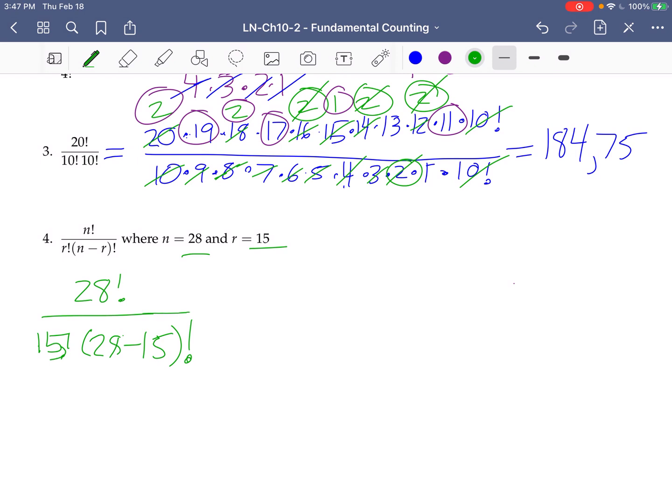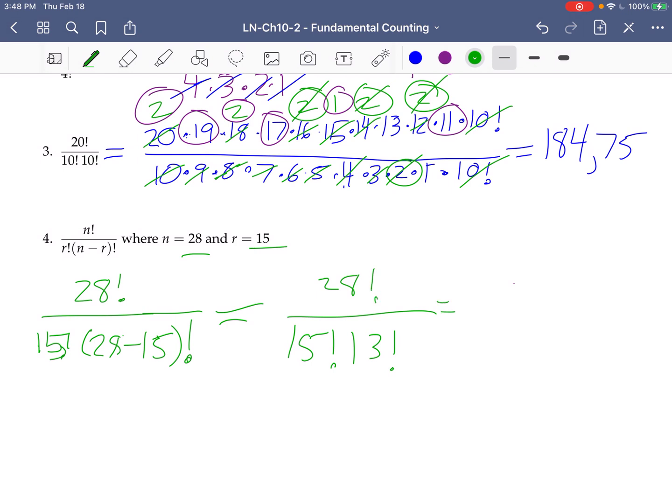Now, a factorial cannot be distributed, so we can't call that on bottom a 28 factorial minus a 15 factorial. We have to do the subtraction in that parenthesis first. And so as we do that subtraction, we have a 15 factorial, and 28 minus 15 is 13 factorial. On top, we still have our 28 factorial.